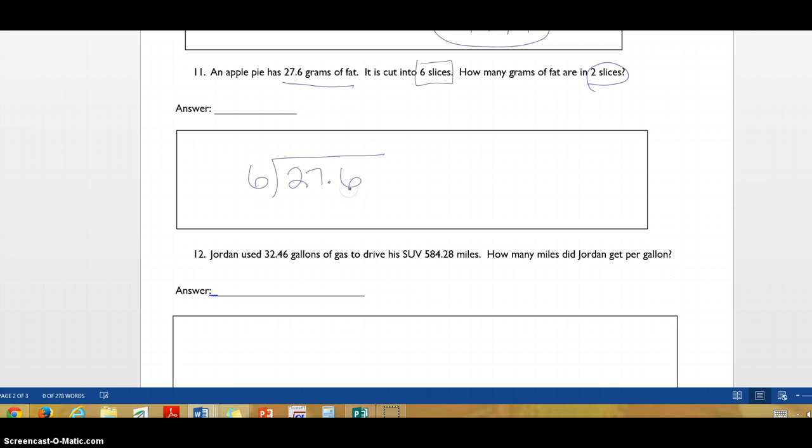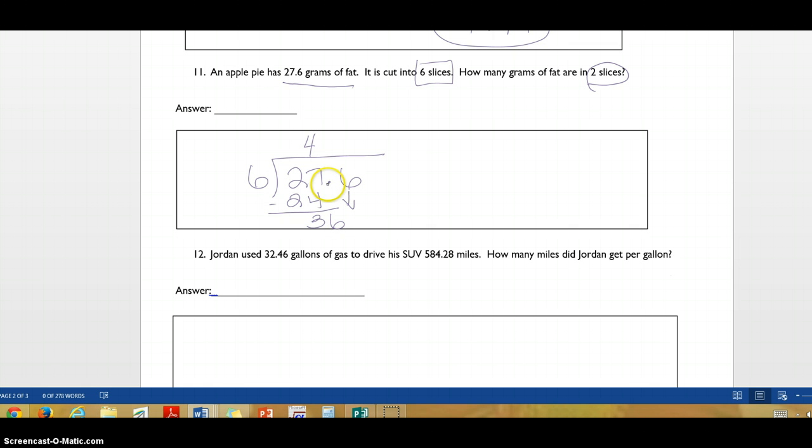27.6 should be on the inside of that division house. We don't have to do any swooping because our divisor is a whole number, no decimals there. So we're finding out how many times 6 goes into 27, because 6 cannot go into 2. So 6 can go into 27 4 times. 6 times 4 is 24. We end up with 3. Bring that 6 down.